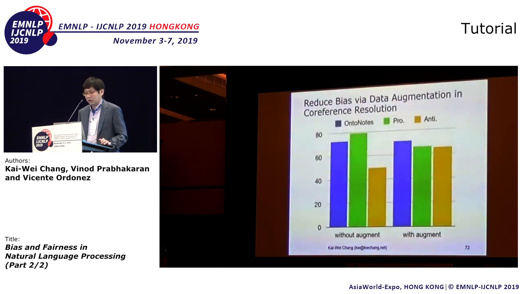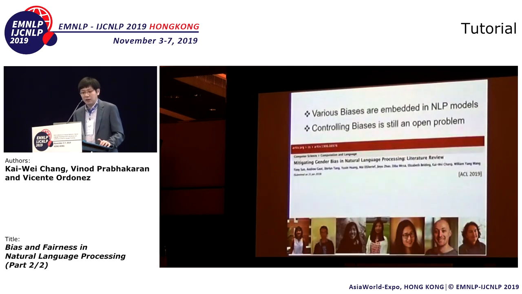So when you do this and plug it into the coreference resolution model, you can see that now the model is less biased, and the difference is no longer statistically significant. Okay, so let me end here and give the phone back to Vicente.